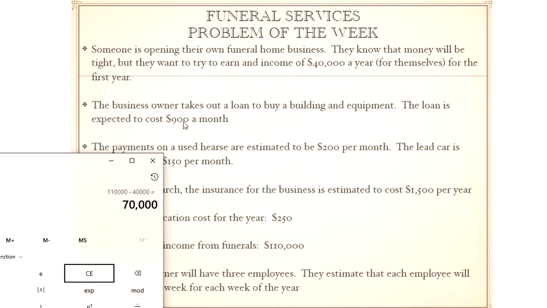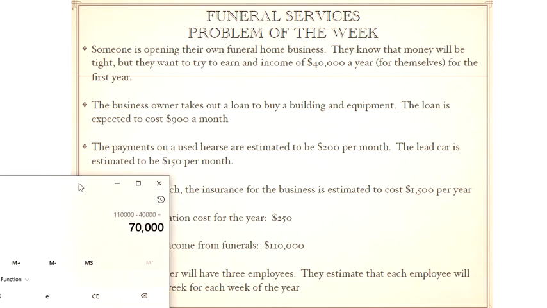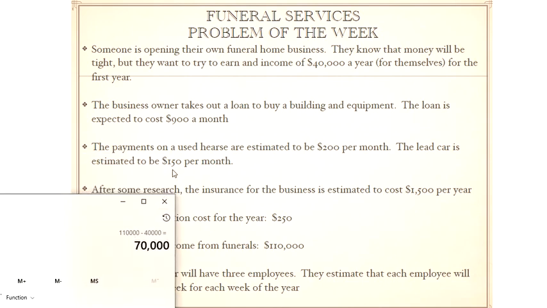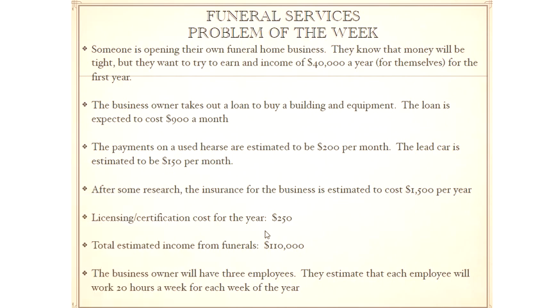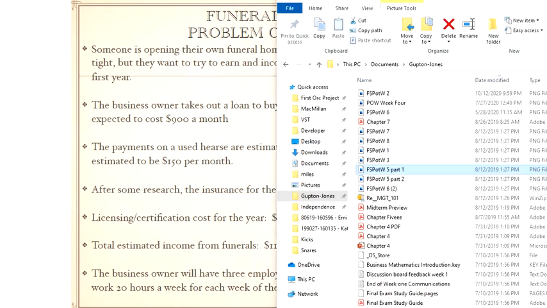You get $900 a month, so you're going to multiply that by 12, and then take that away from the $70,000. You have $150 a month. You've got to multiply that by 12 and take it away from whatever's left. Keep taking away all these expenses to find out how much money you have left over to pay your employees. Okay? That's the first step of the problem of the week.